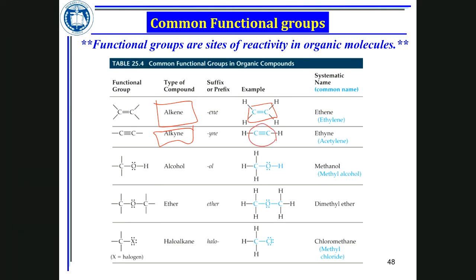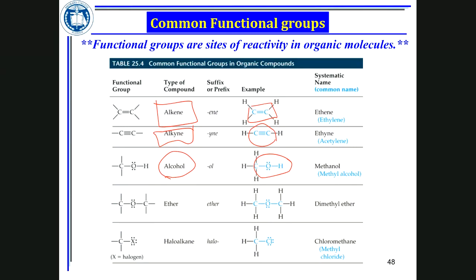Alcohol, the functional group is COH, because if OH is attached to sulfur, it's not going to make it an alcohol. If the OH is attached to carbon, it's going to make it an alcohol.